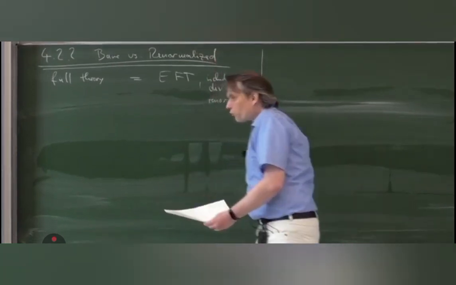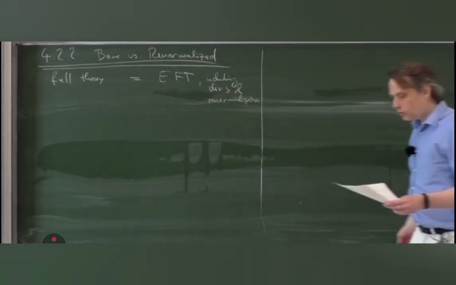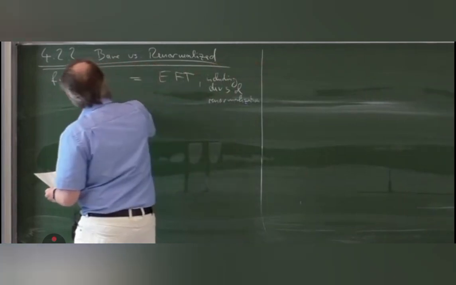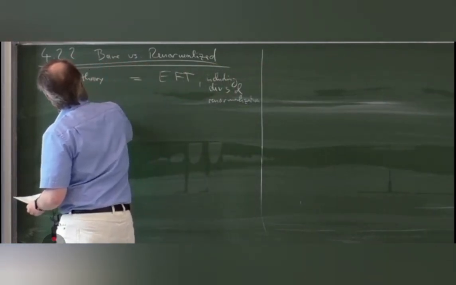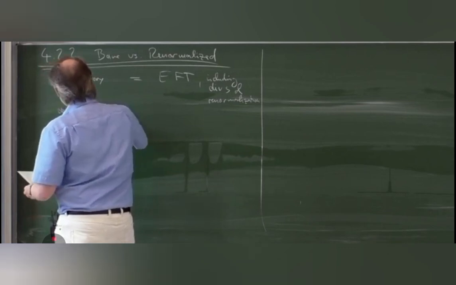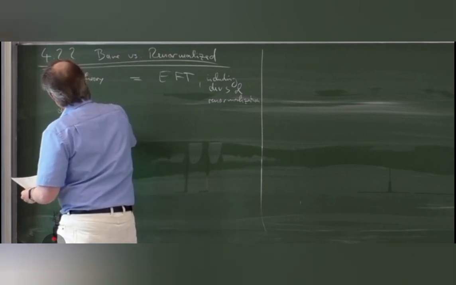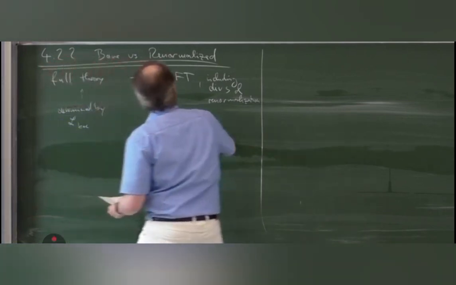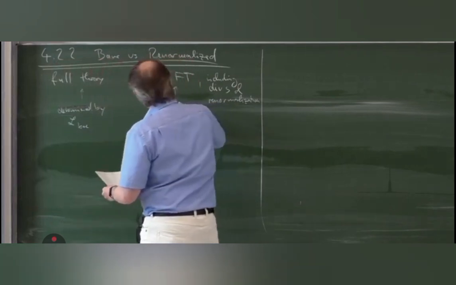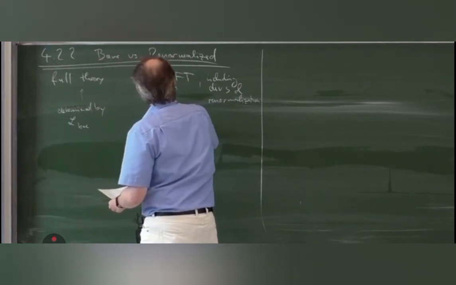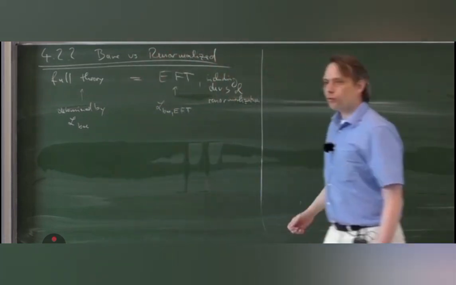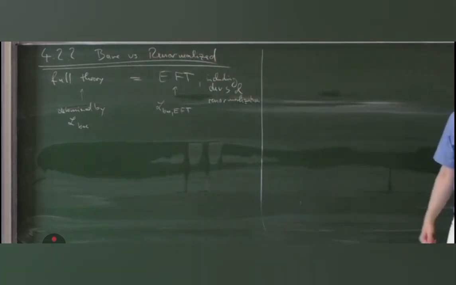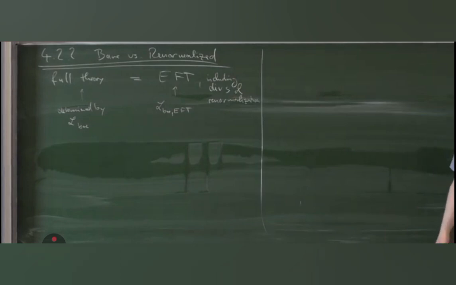It should simply hold for the sum of all Feynman diagrams, and in general there are counter-term Feynman diagrams. So this is determined by the bare Lagrangian in the full theory, and this is obviously determined by the bare Lagrangian in the EFT. And for this very simple reason, of course, we need to construct the bare Lagrangian. Any questions?